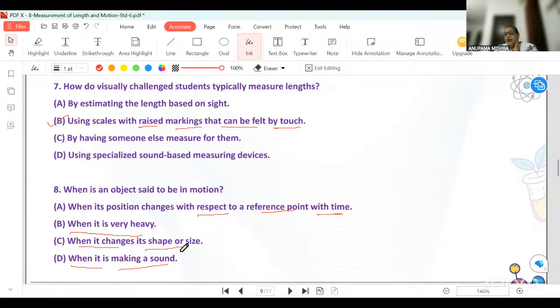Are you answering me the seventh question? I'm asking the eighth question. When you are giving the answer, please do write down the question number. 8 is A. Yes, 8 is A. When its position changes with respect to a reference point with time is called motion.